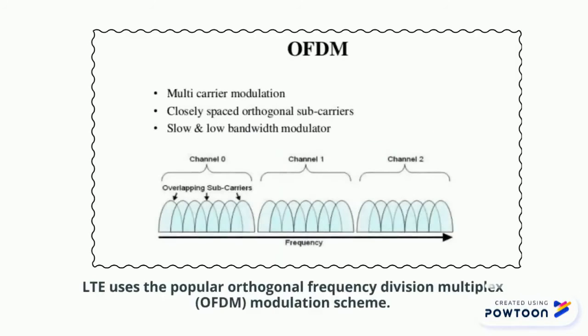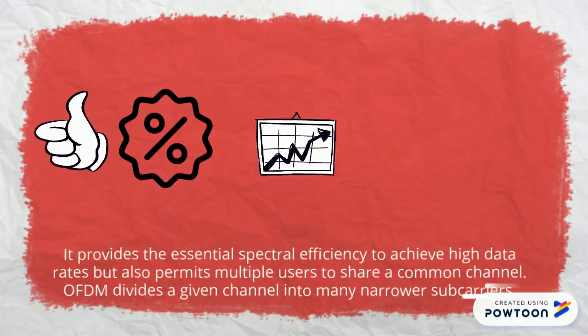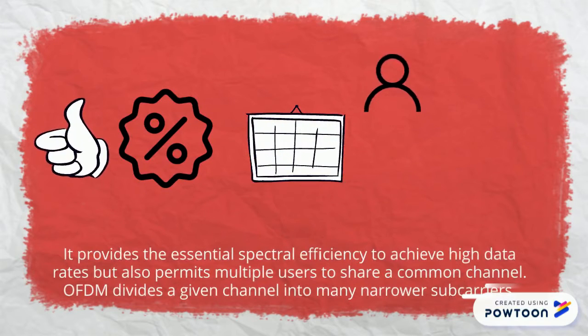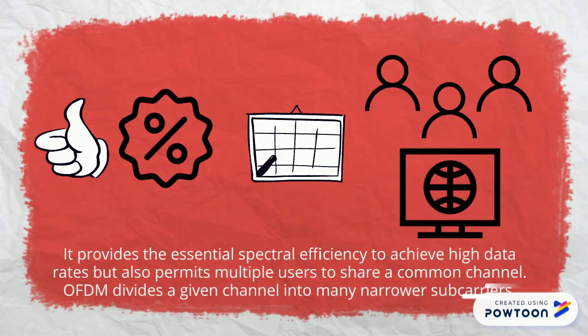LTE uses the popular orthogonal frequency division multiplex (OFDM) modulation scheme. It provides the essential spectral efficiency to achieve high data rates, but also permits multiple users to share a common channel. OFDM divides a given channel into many narrower subcarriers.